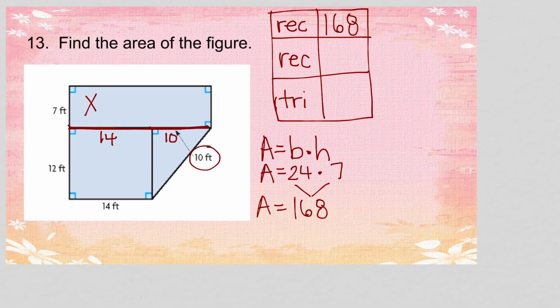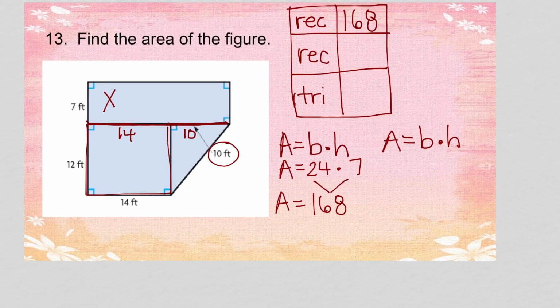Let's go to the next rectangle, which is this one. So let's write down the formula. Some of you only wrote the formula down for the first one and not the second one. So make sure you write it for each thing that you're finding. Okay, let's plug it in. Area equals, what's my base? What's my height? 12.